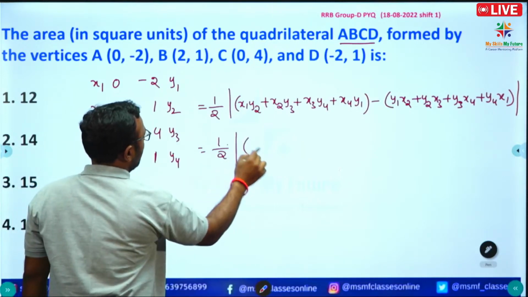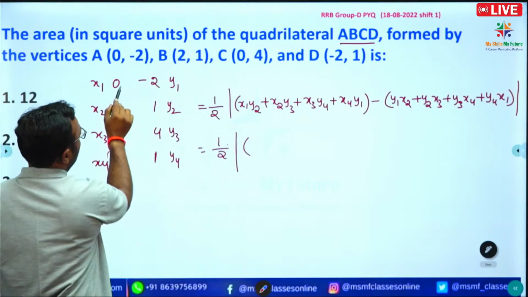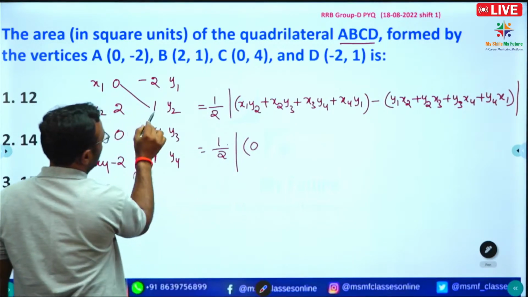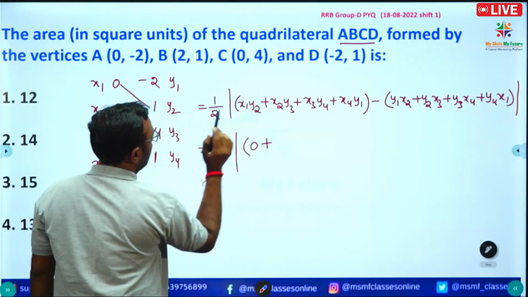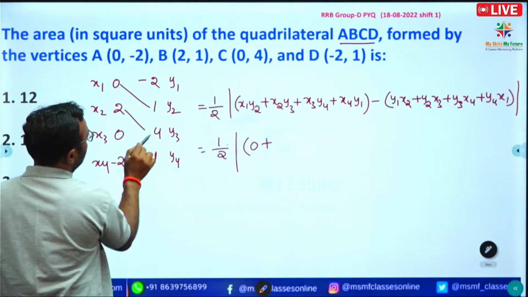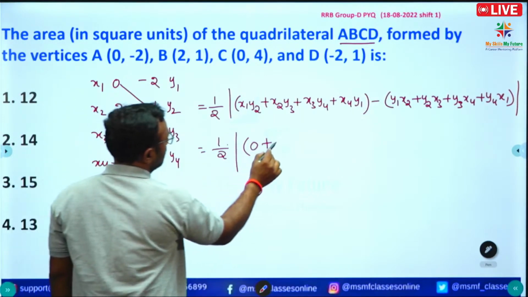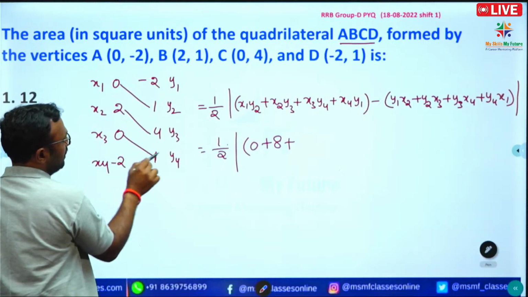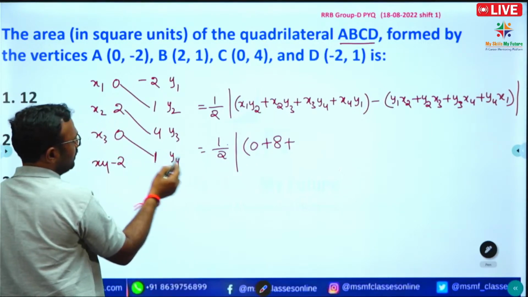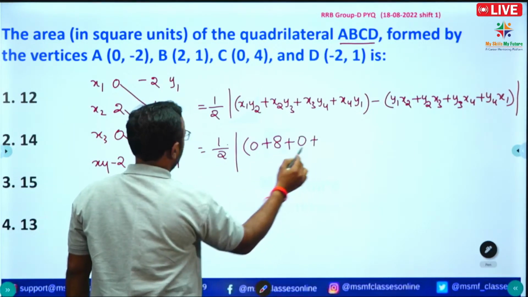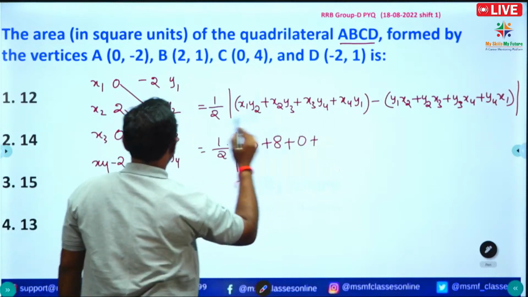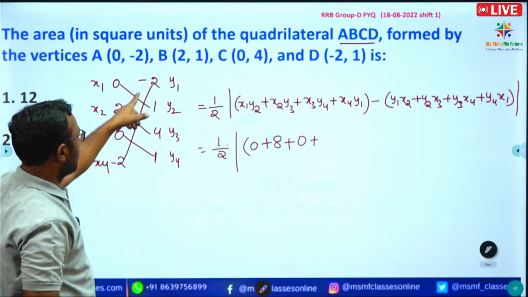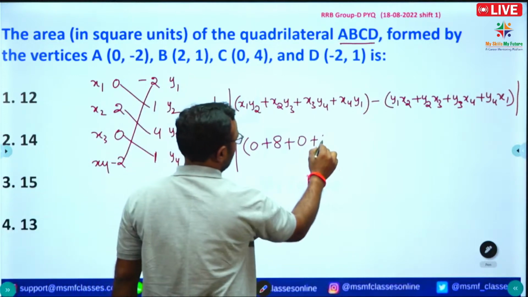So x1 y2, 0 into 1, we get 0, plus x2 y3, 2 4s are 8, plus x3 y4, 0 into 1, we get 0, plus x4 y1, minus 2 into minus 2, we get plus 4.